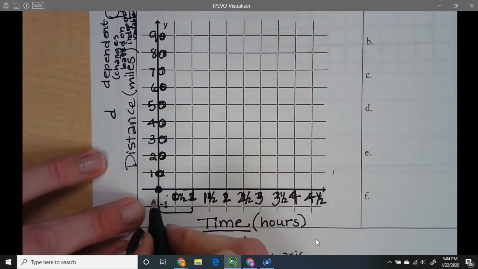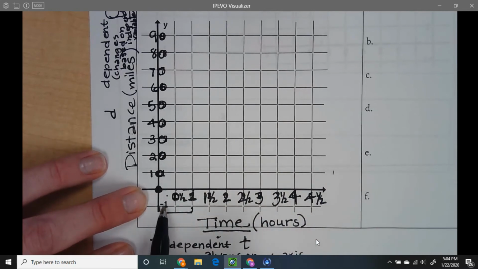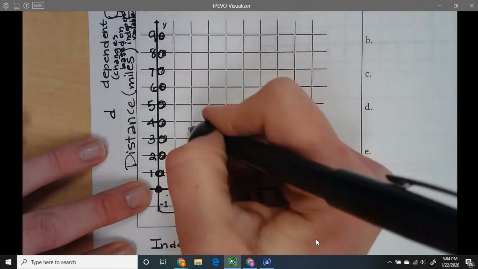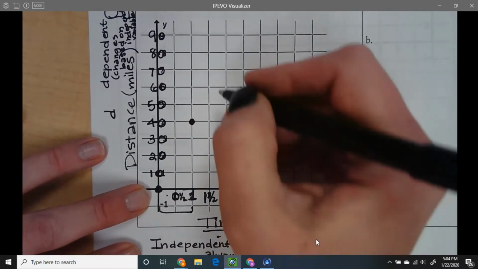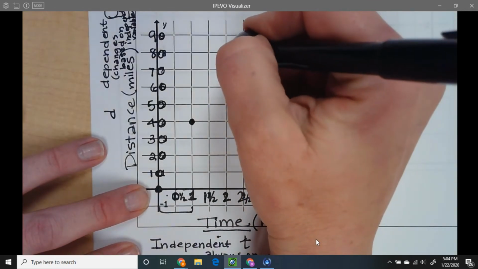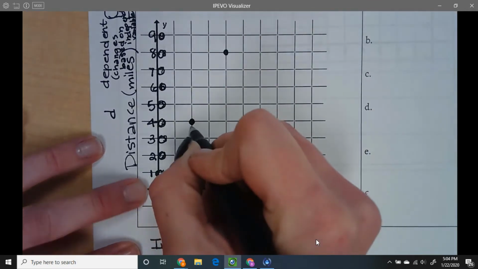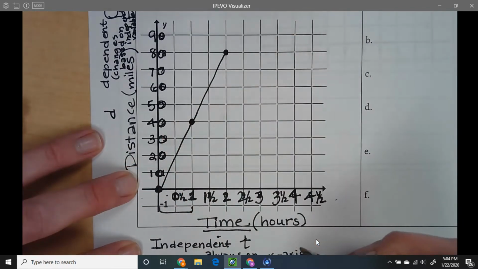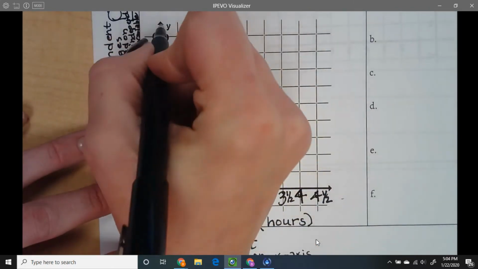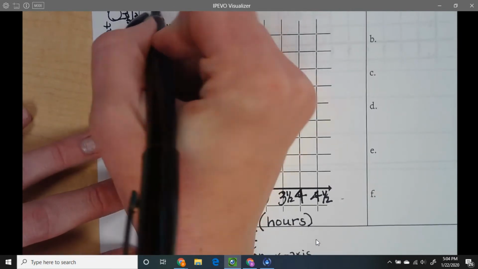And notice that this still is at 0, 0. So I have 1, and then I'm going to go up to 40. And then 2 will be at 80. And then I'm going to connect those. And then I know 100 would be here, 110.